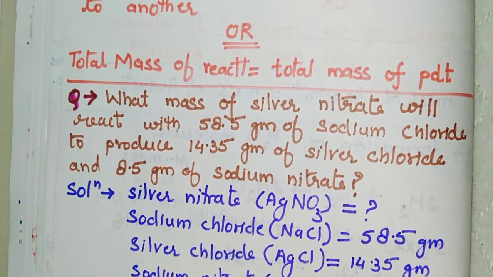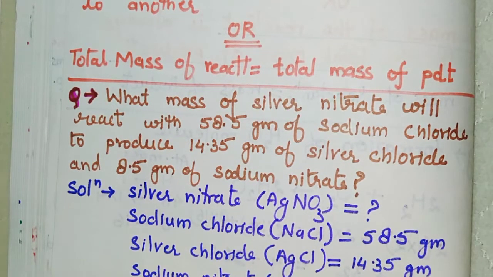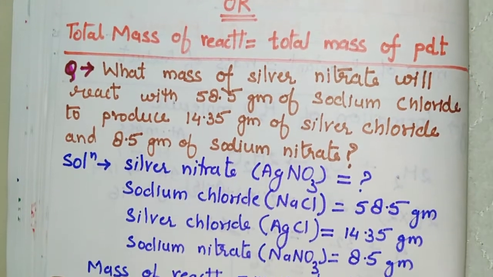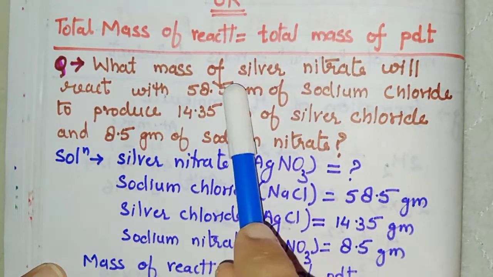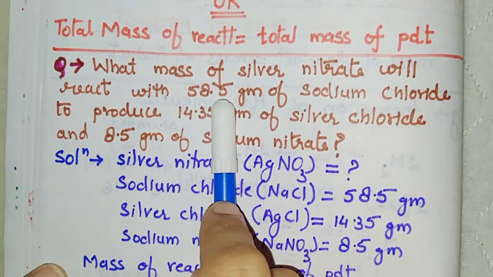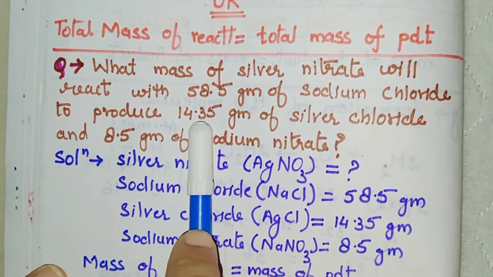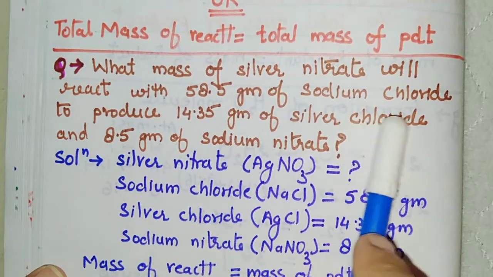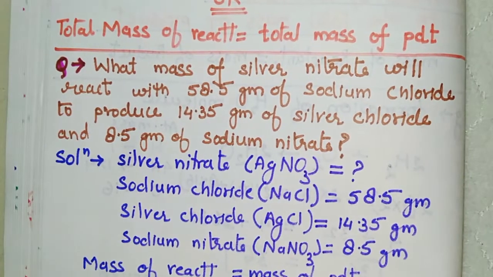Now here we are solving one numerical based on law of conservation of mass. The numerical says: what mass of silver nitrate will react with 58.5 grams of sodium chloride to produce 14.35 grams of silver chloride and 8.5 grams of sodium nitrate.